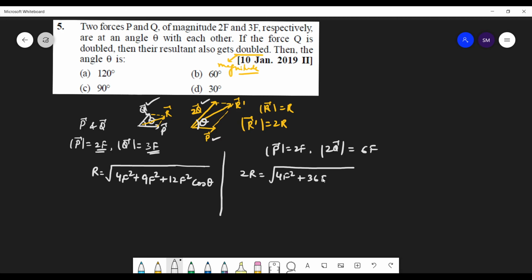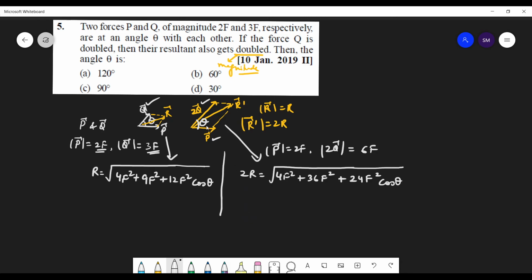So 36F square plus 2 into 6 into 2, that is 24F square into, so angle is the same, cos theta. So this is your R from the first case, and this is 2R from the second case. 120 degree. Yes, 120 degree is the correct answer.